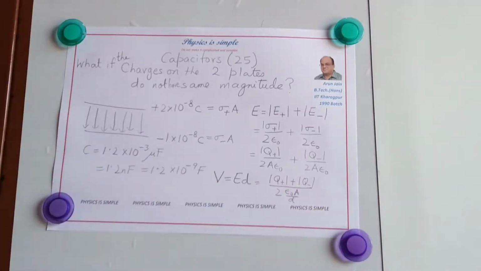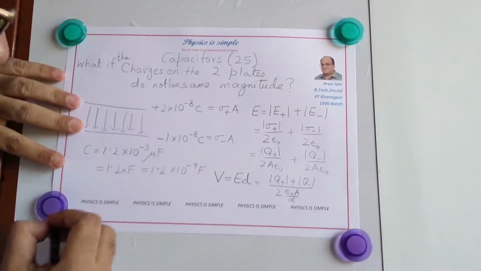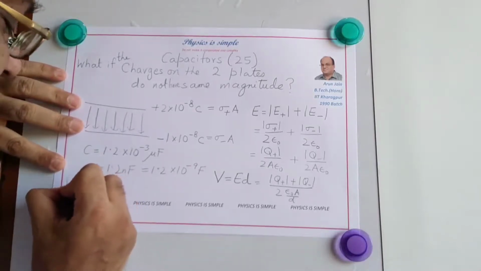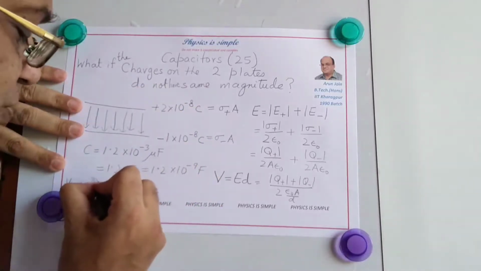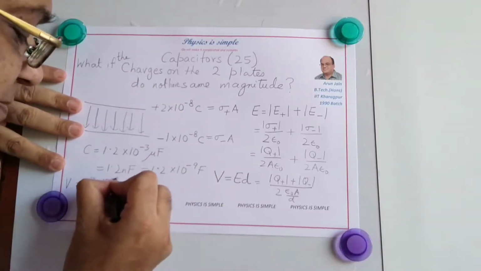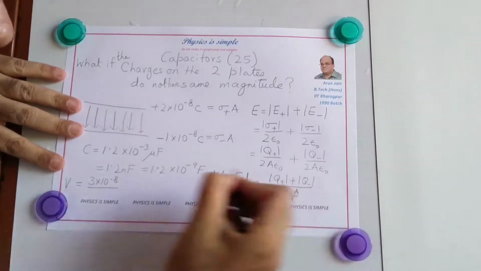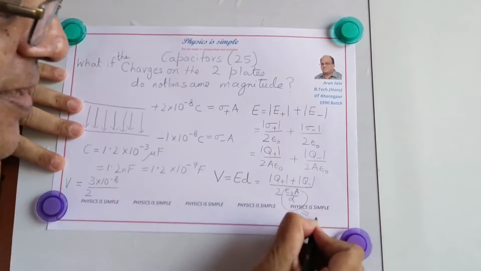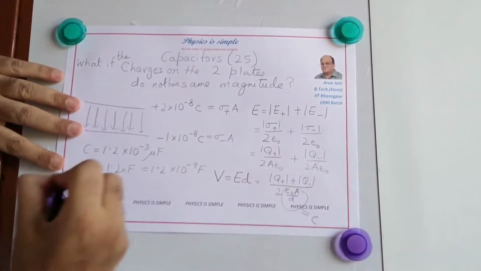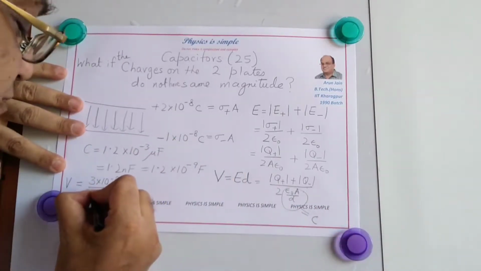Now it is a question of doing arithmetic, and all of us are experts in arithmetic. The magnitudes of the two charges we add up, we get 2 plus 1, 3 into 10 to the power minus 8. That is divided by 2 into capacitance. This is C. And C is given as 1.2 nanofarad.